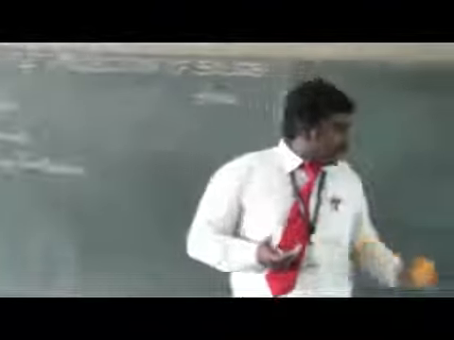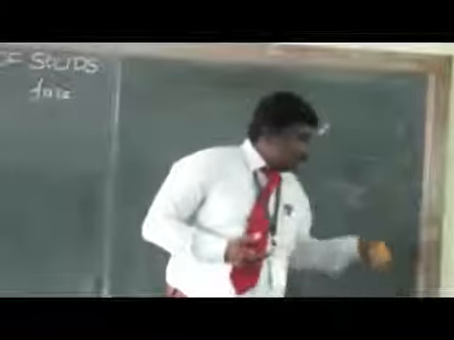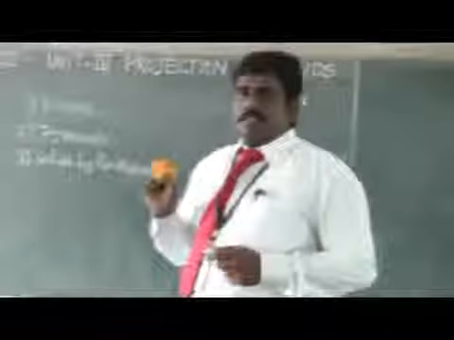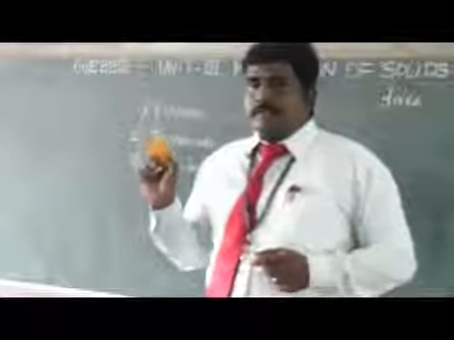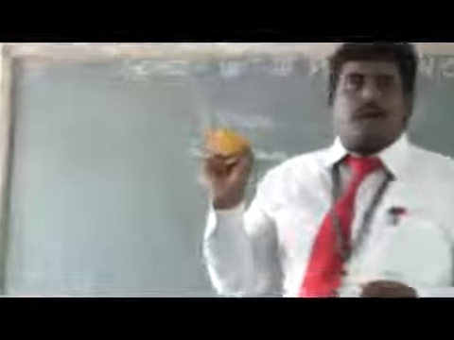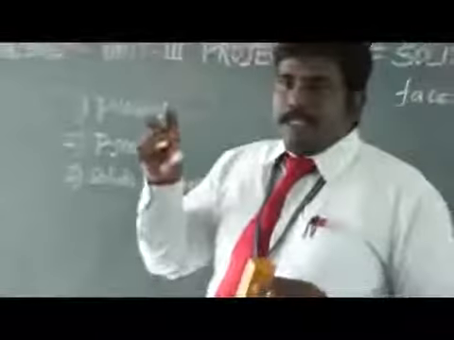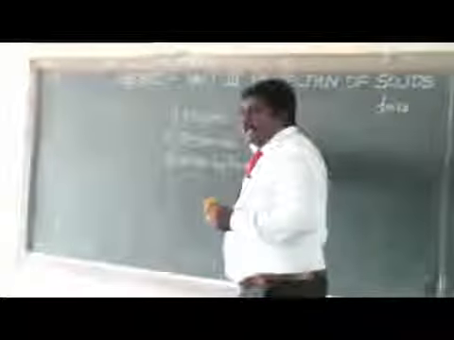Square prism, right? Likewise, if the base is hexagonal or pentagonal, how can you call this solid? Pentagonal prisms. So now you understood what is meant by a prism, right? So that is your first category.